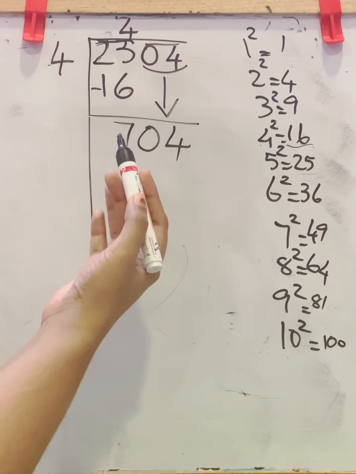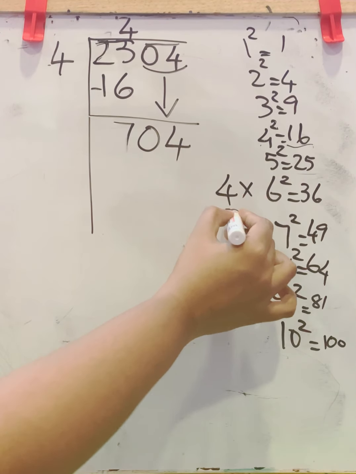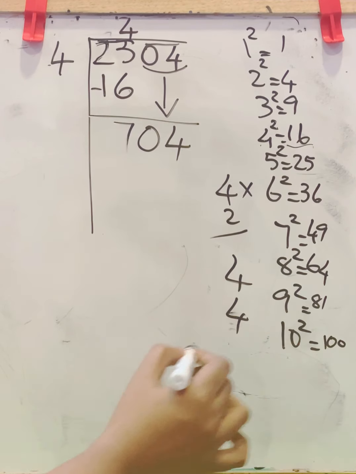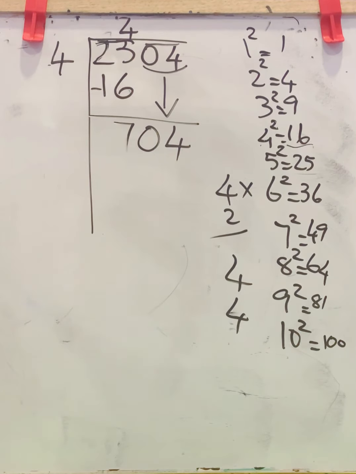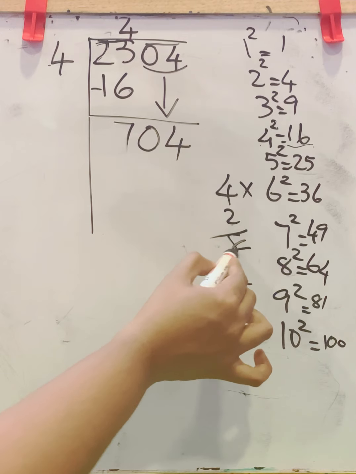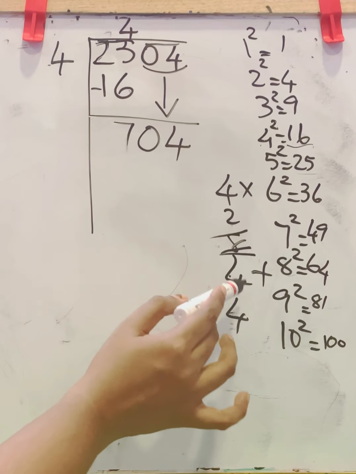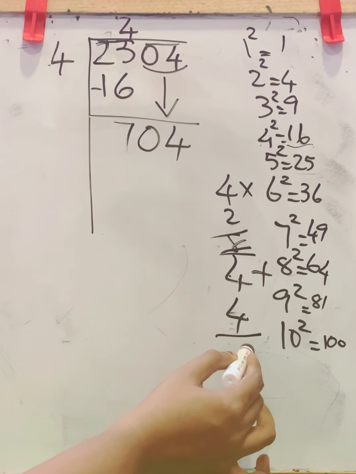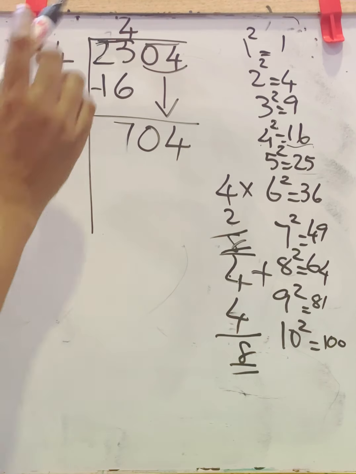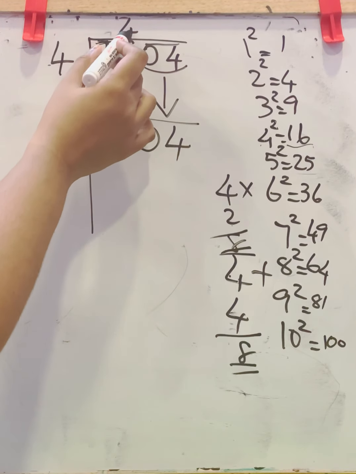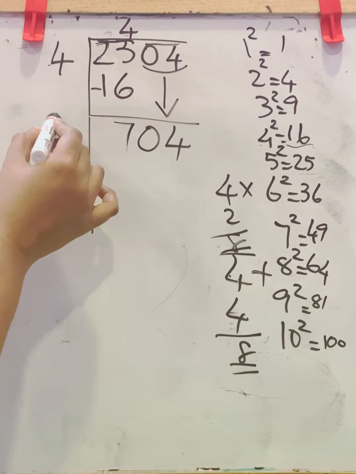So take the double means either you can multiply that number with 2 or you can add it 2 times. Then also you will get the double of that number. 4 2s are 8. Either you can do like this or you can add the number with that number itself. 4 plus 4 is 8. The only thing is that you have to double the number. So 4's double is 8.